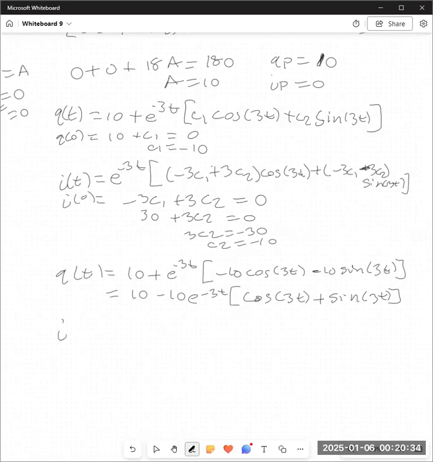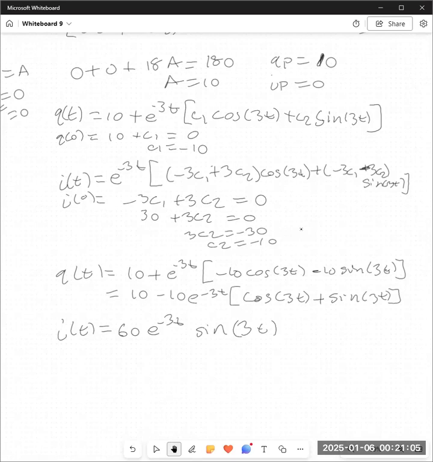So I of t is equal to, and then stick in -10 there and -10 there, 30 minus 30, that's 0. So this is 30 plus 30, that's 60. That's 60 e to the -3t sine of 3t for our I of t.